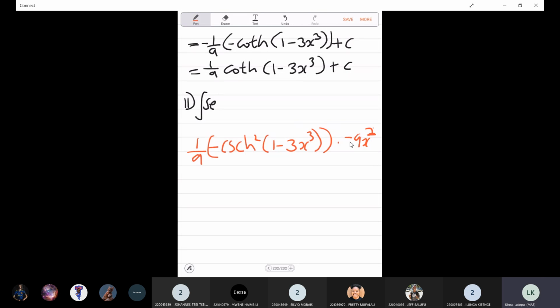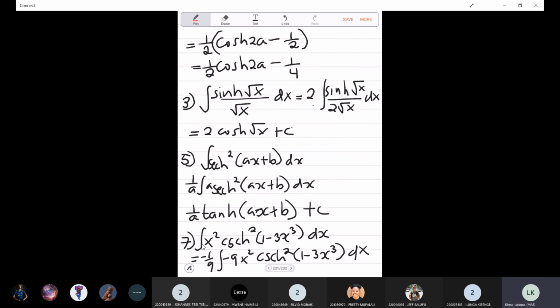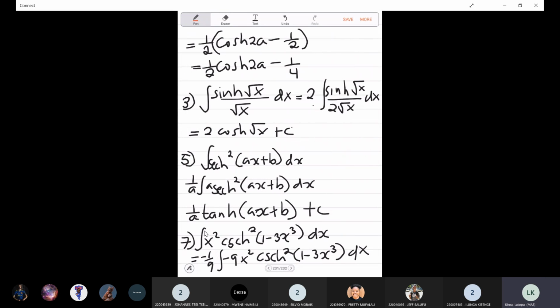Negative and negative will give me positive. 9s cancel, and that's my answer when I differentiate this one. And that is exactly what we were integrating. Sorry, there's an x squared here. So I'm not sure what the problem is.